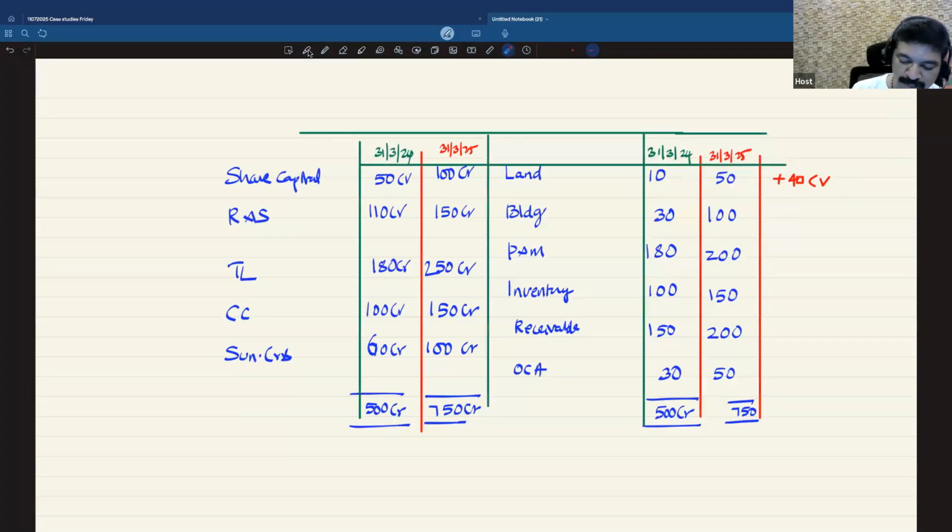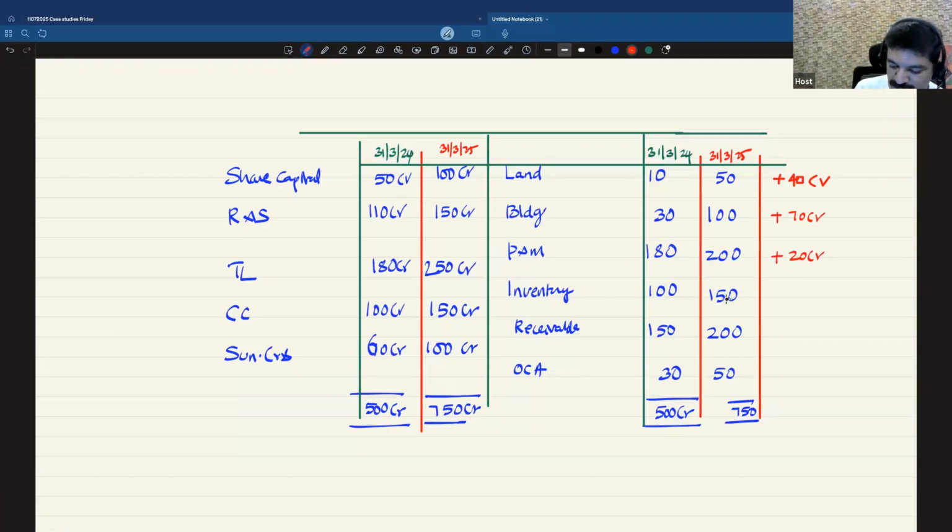And look at the building. What is the investment they have made in building during the year? From 30, it increased to 100. It means there is an investment of 70 crore. Look at the plant and machinery. The total investment they have made during the year is 20 crore.